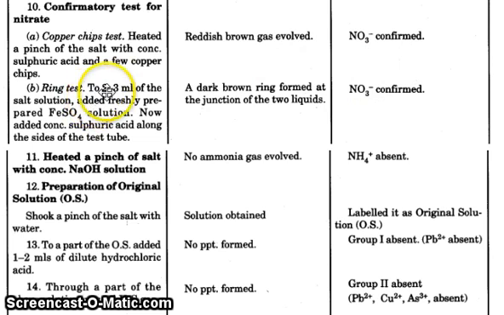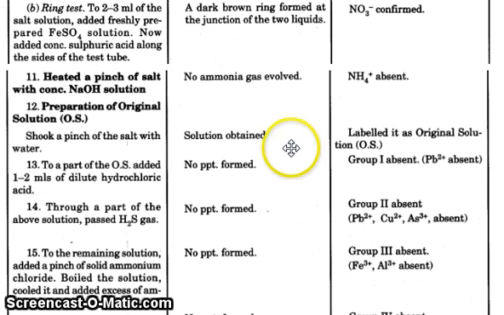To do the experiment, take 2 to 3 ml of the salt solution, add freshly prepared ferrous sulfate solution. Now add concentrated sulfuric acid along the sides of the test tube. A dark brown ring formed at the junction of the two liquids. So this is the confirmation of nitrate. Then friends, you can start another experiment. Heated a pinch of salt with conc. sodium hydroxide solution. No ammonia gas evolved, ammonium absent.